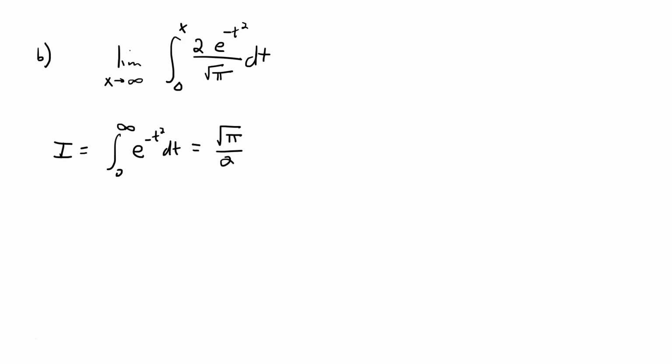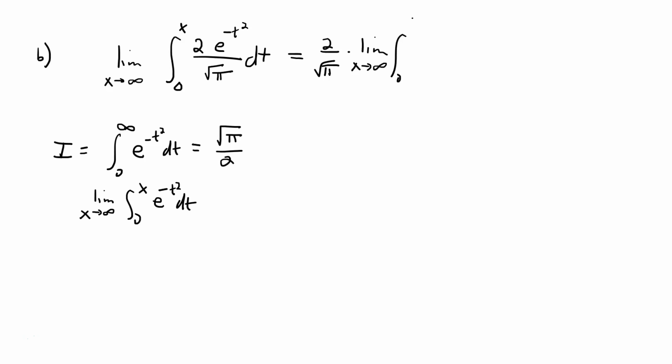And that can be written as the limit as x goes to infinity of 0 to x of e to the minus t squared dt. And so we almost have that. If you factor out this 2 over root pi, you'll have exactly the limit as x goes to infinity, 0 to x, e to the minus t squared dt.